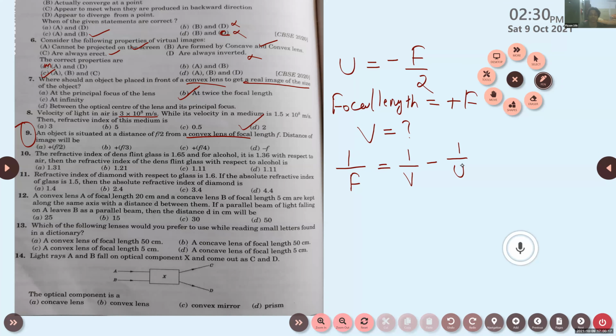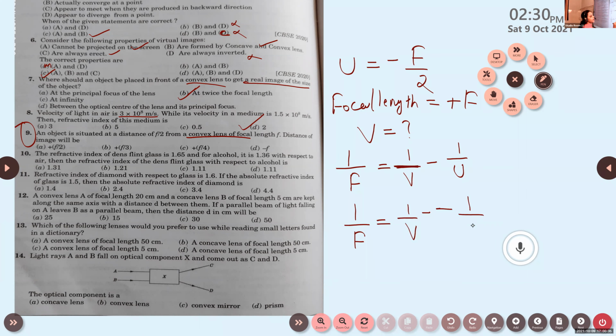So here we want to calculate 1 by v, and the focal length is given, it is f. So 1 by f is equal to 1 by v minus 1 by u. What about the value of u?